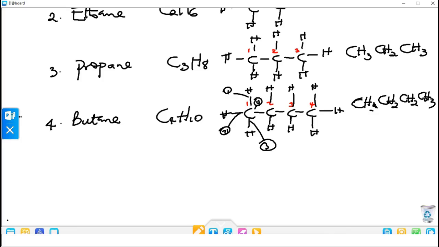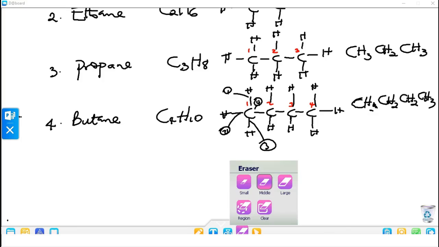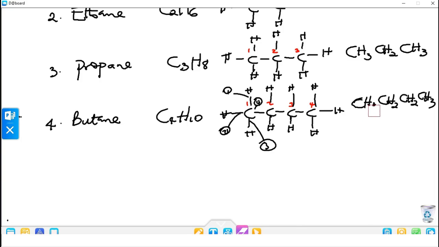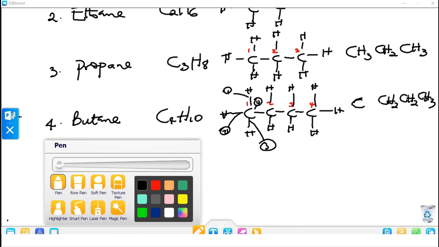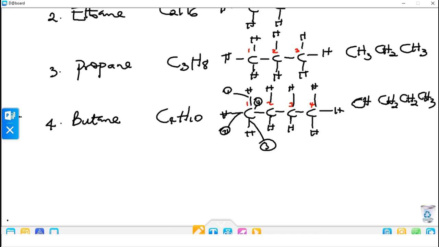So this is the condensed formula for butane. Let me redo this so that it doesn't confuse the students. CH3, good. So that is fine. That is the condensed formula.